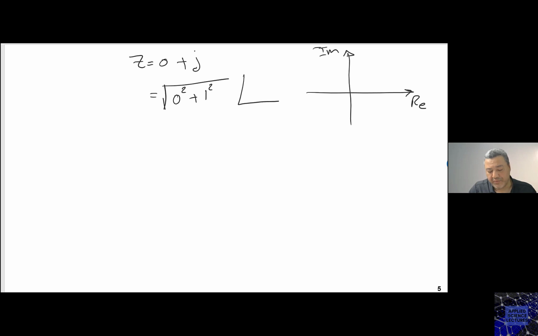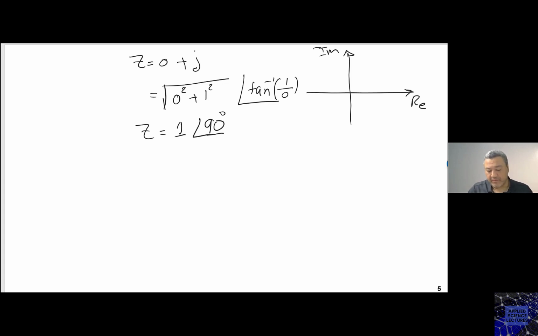And the angle would be tan inverse of 1 divided by 0. So in phasor representation, this impedance would be 1 at 90 degrees.